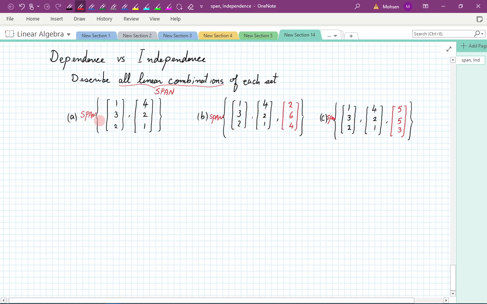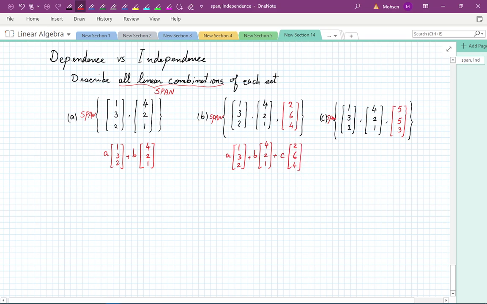Okay, so here, if you are making all the linear combinations, if you're making a combination of 1, 3, 2, and then B times 4, 2, 1, here you're making all linear combinations. Let's say A times 1, 3, 2, B times 4, 2, 1, and C times 2, 6, 4.